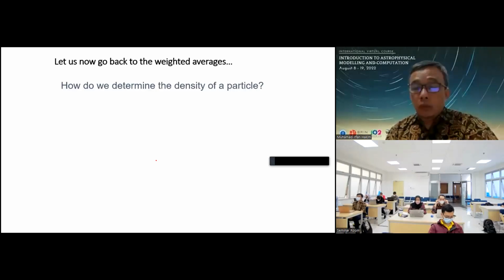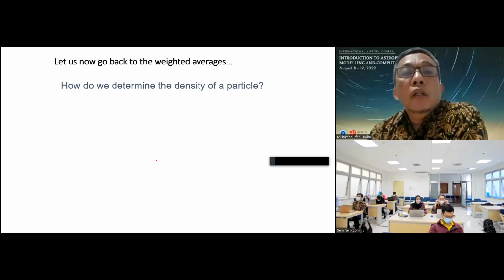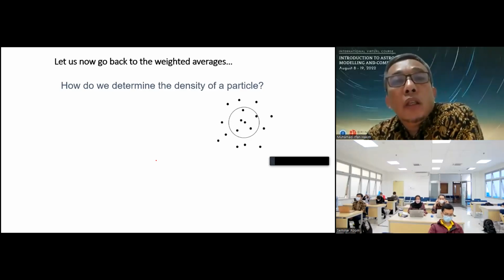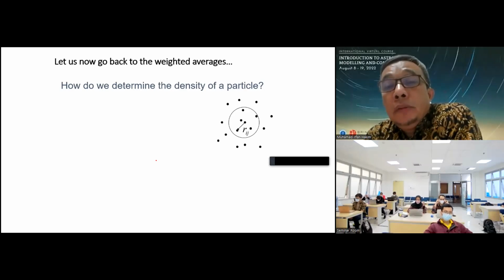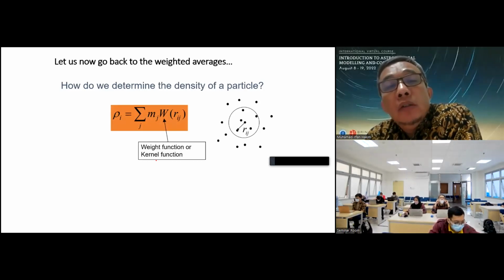Okay, we go back to the weighted averages. This is a factor from the particle of interest to contributing particles.